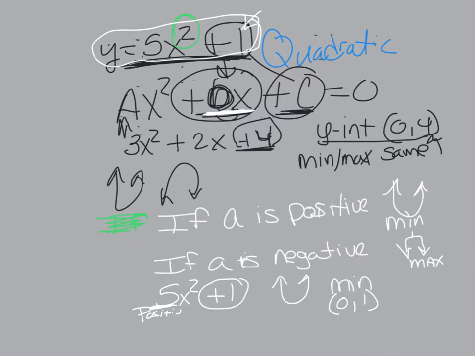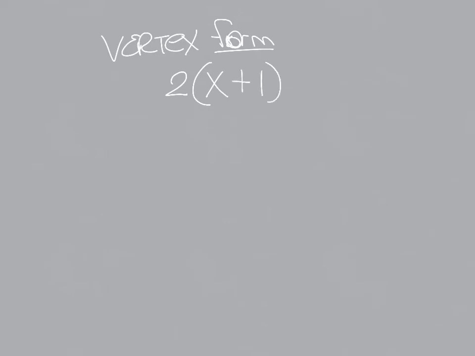But I also want to look at vertex form. Okay, so vertex form. All right, for a quadratic, just say we got 2 times (x plus 1) squared minus 4.